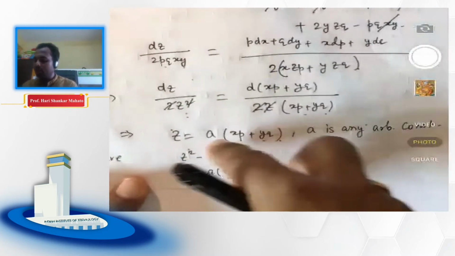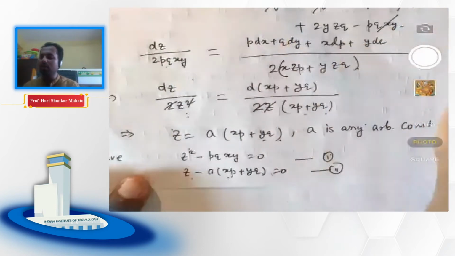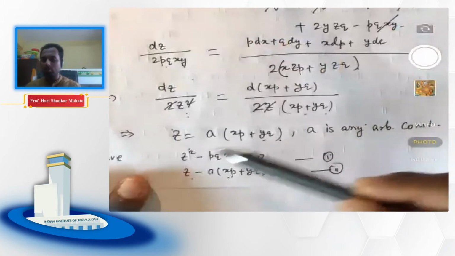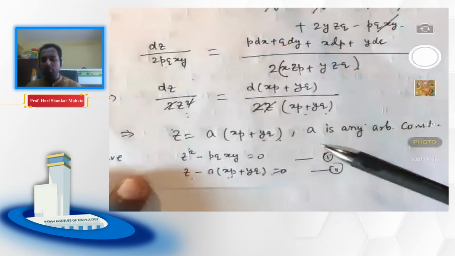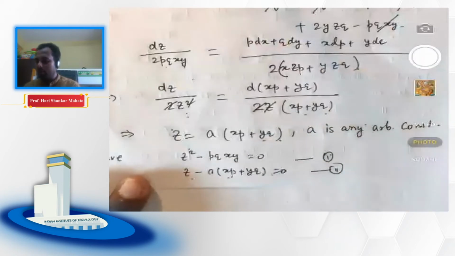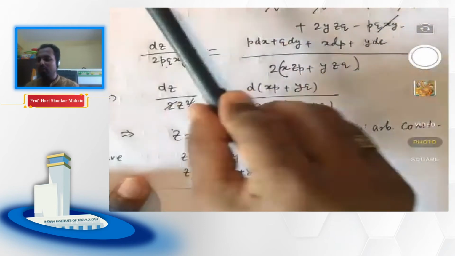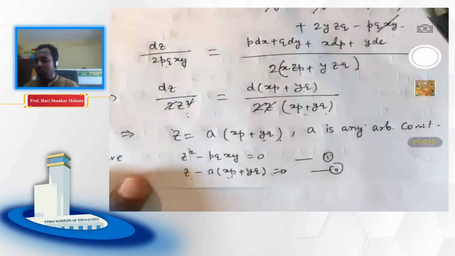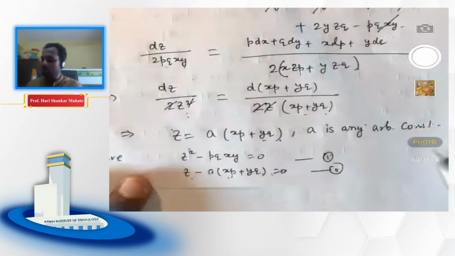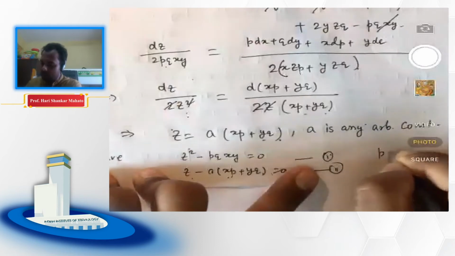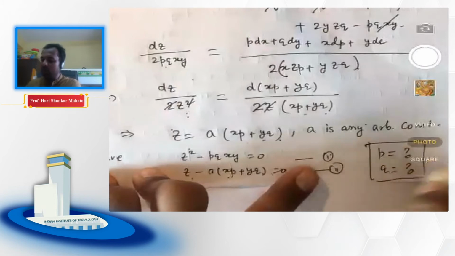So once you have this auxiliary equation, keep in mind that it should be straightforward which fractions you have to take so that you get the values of p and q. We don't have to write all these things. You keep in mind always that we are always looking for p and q from this auxiliary equation.